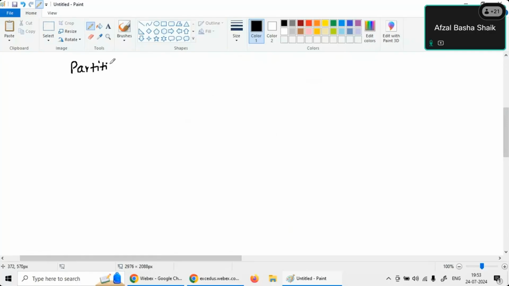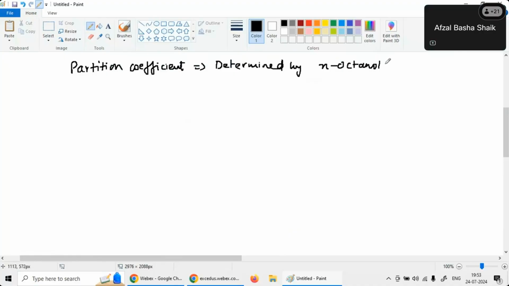And the partition coefficient, this is also a previously asked question, is determined by the n-octanol water system. What is this n-octanol?